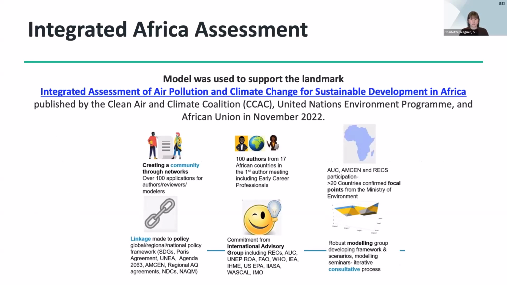More than 100 authors from 17 African countries were in the first author meeting, and several different organizations, intergovernmental and regional organizations were included. 20 African countries confirmed focal points in their ministries of environment. And then there were also various links made to global, regional, and national policy frameworks to really hook this modeling assessment into the policy processes that are necessary to realize the ambition.